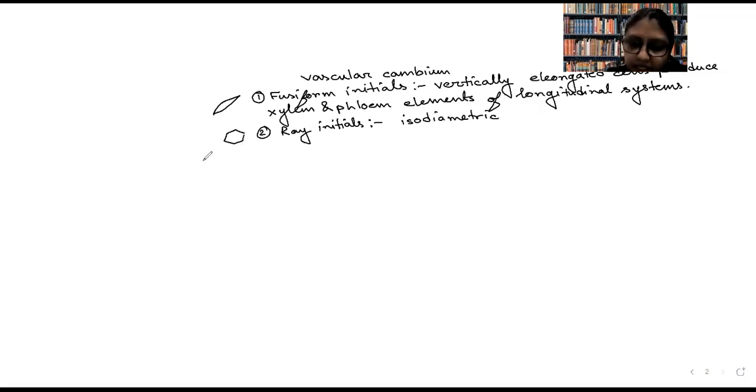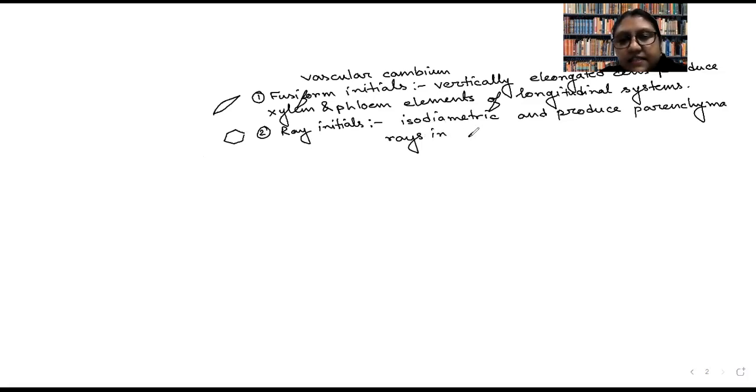This kind of shapes are there and they produce parenchyma rays. So they will produce parenchyma rays in secondary xylem and phloem.